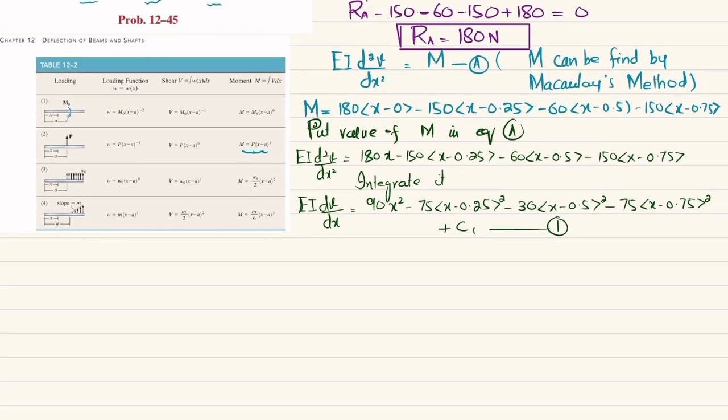What we will do next is again integrate equation 1.